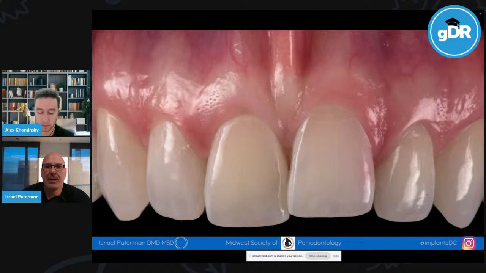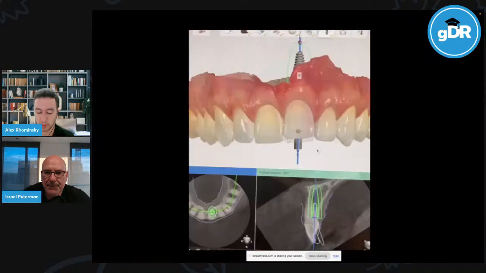We see the very high scallop, and we know that's high risk of having retraction, of losing papilla. You can see some interproximal inflammation on both sides, bilaterally, for some odd reason. You can see the gingival margin that's more apical, and the area of resorption on the mid distal of the tooth.